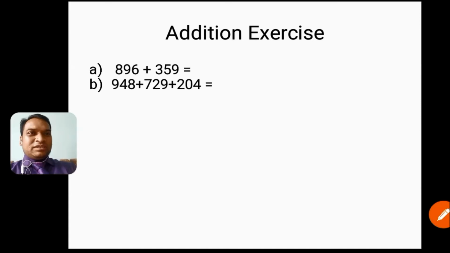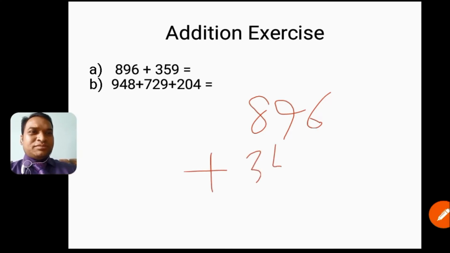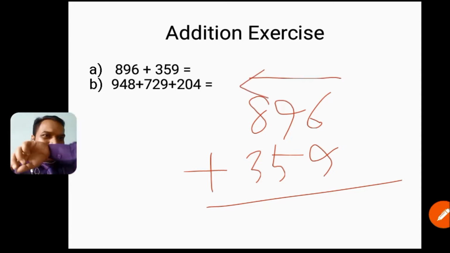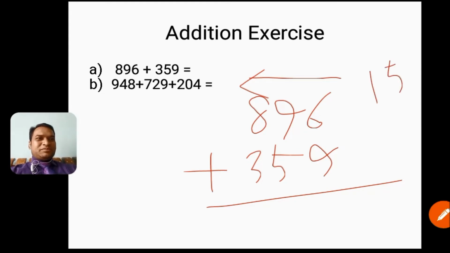So 896 we add with 359. We'll do it from the right side, going from this side to this side. If we add 6 and 9, then it becomes 15.